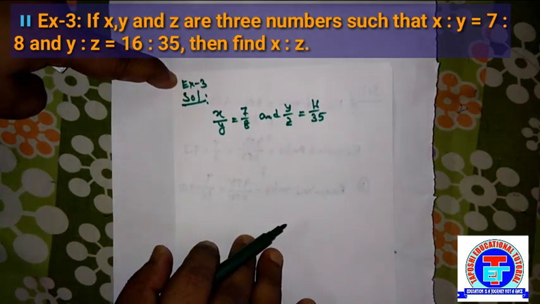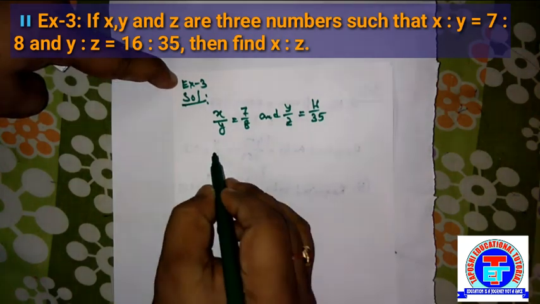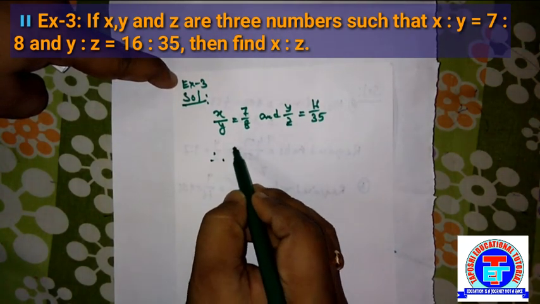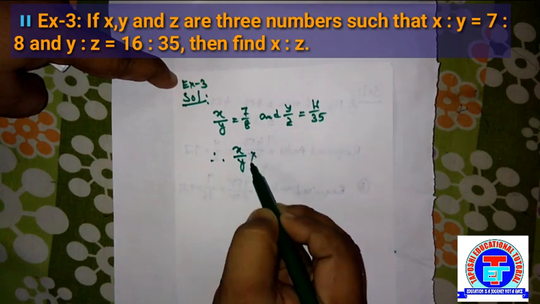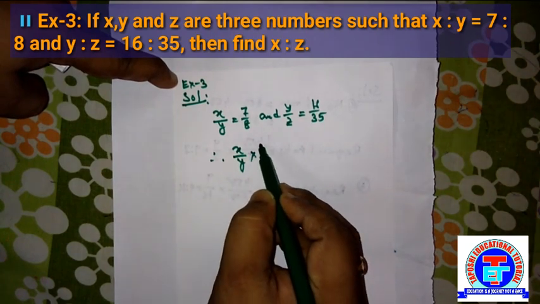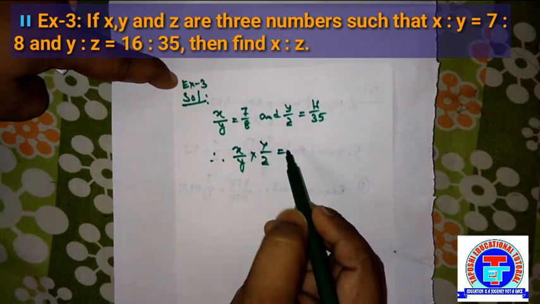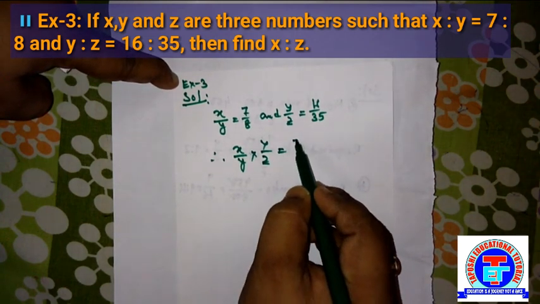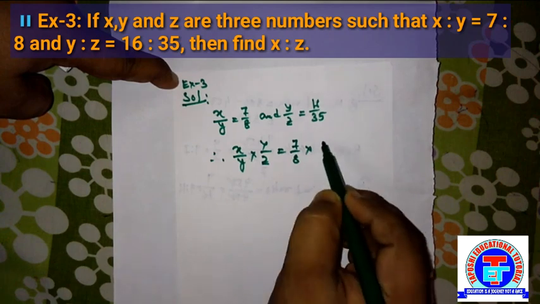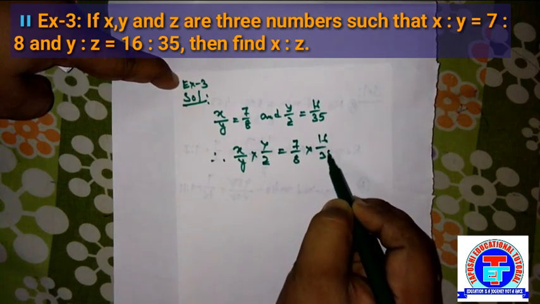Therefore x by y into y by z is equal to 7 by 8 into 16 by 35.